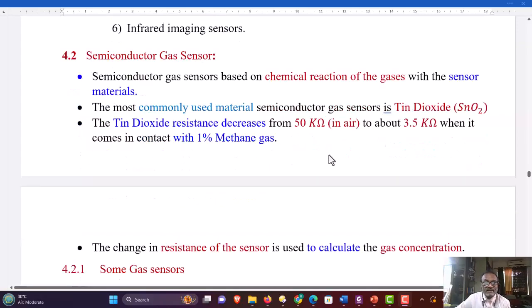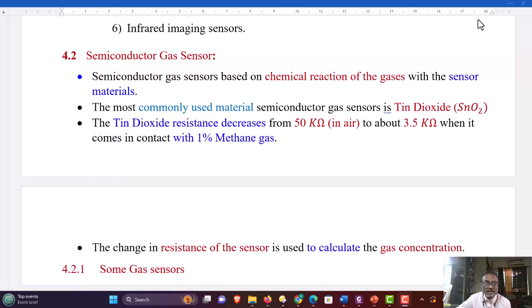Let us see the semiconductor gas sensor. The semiconductor gas sensors are based on the chemical reaction of the gases with the sensor materials. The most commonly used material for semiconductor gas sensors is tin dioxide, SnO2.